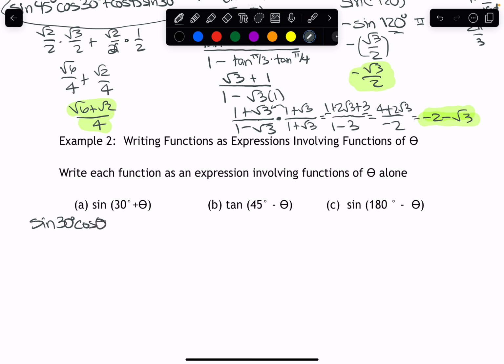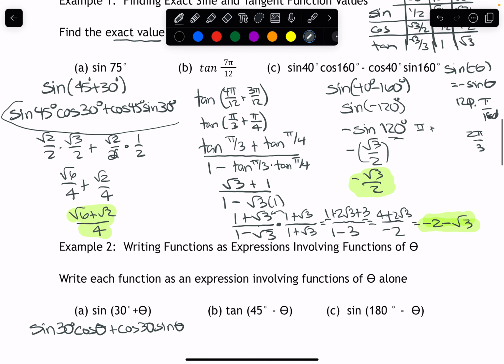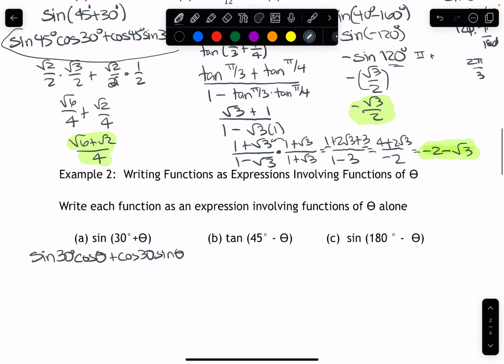So the sine of 30 plus theta is sine of 30 cosine of theta plus cosine of 30 sine theta. Again, really got to know those values. So that's 1/2 cosine theta plus square root of 3 over 2 times the sine of theta.